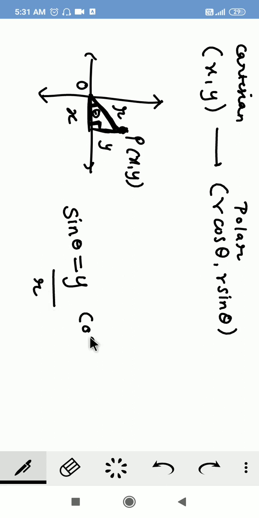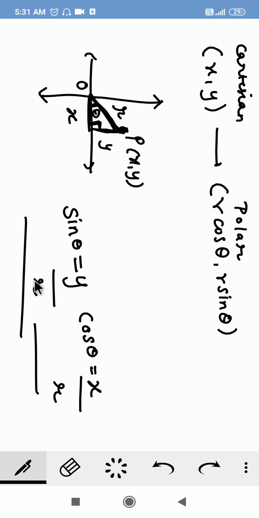Now cos theta is the adjacent side divided by the hypotenuse, so the adjacent side to this theta is x and the hypotenuse is r. So you got sine theta this and cos theta this.